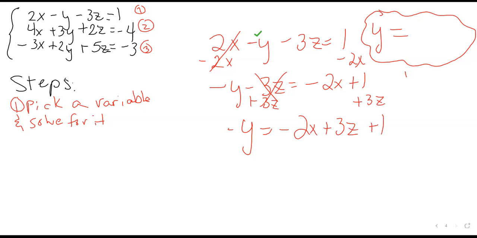Now, I only have one thing here that doesn't belong, right? Remember, I need it to be a positive y. My y here now is what? Positive or negative? Negative. Negative, meaning I have to multiply everything by what?